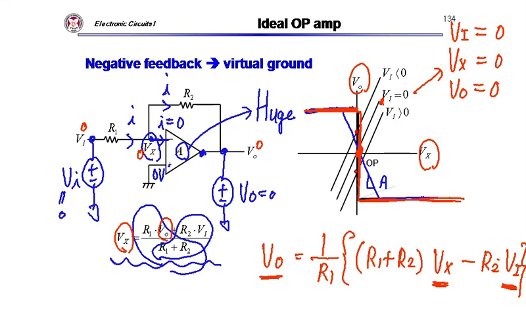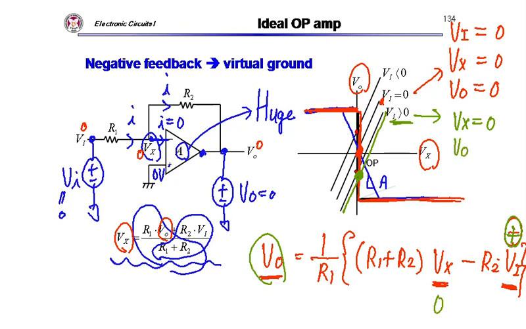When Vi is positive, what happens? My Vo curve should be like that, right? This is Vi positive. So the operating point is here. Again, Vx equals 0, virtual ground. My Vo should be what?